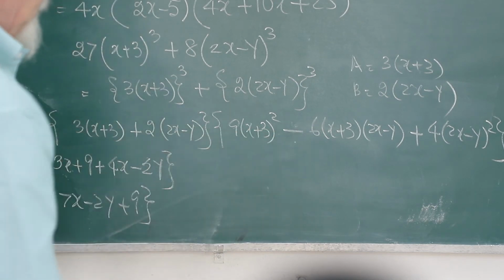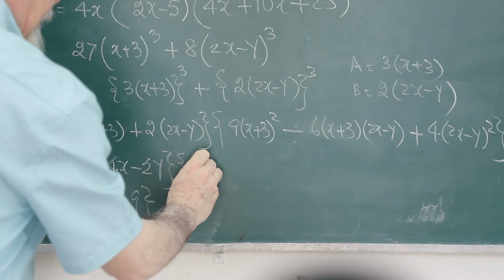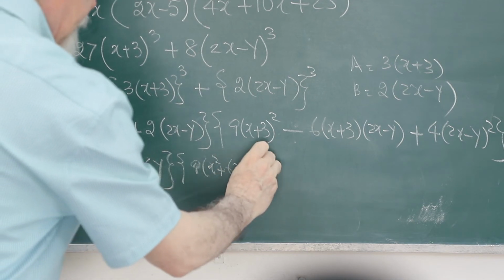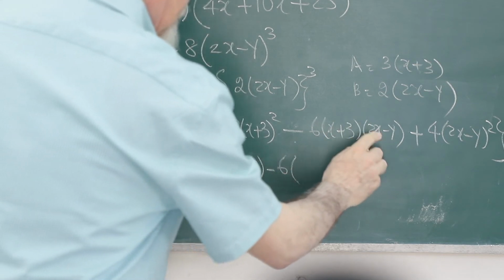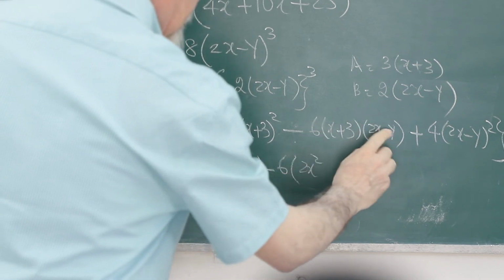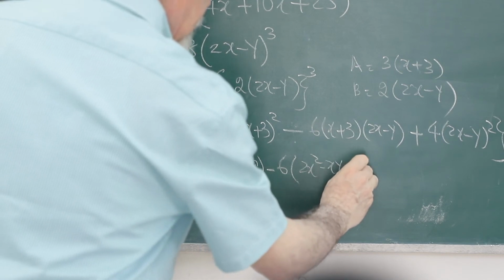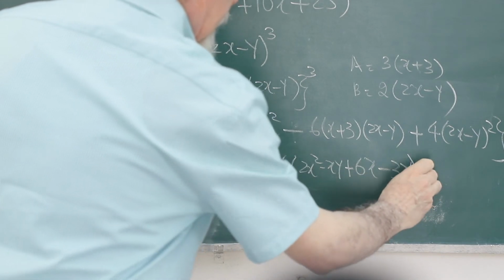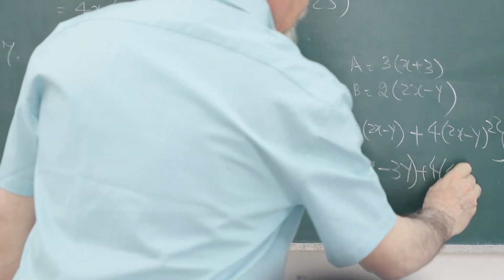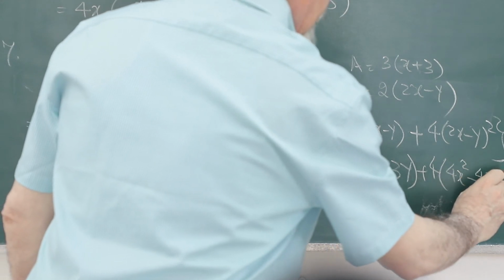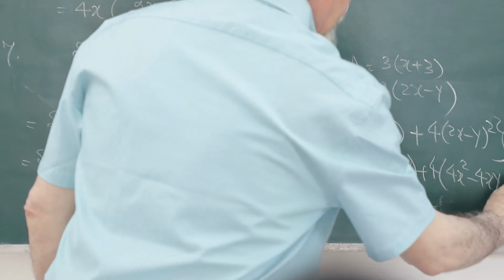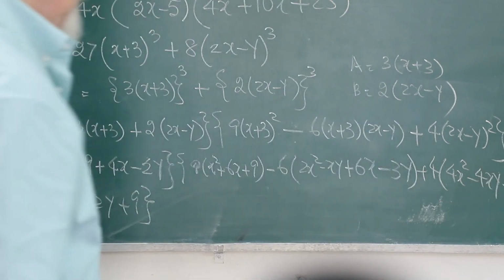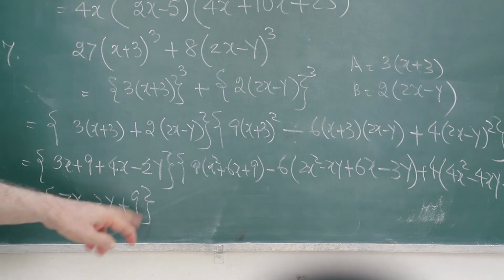Now you will have to open all these. 9 into x square plus 6x plus 9, minus 6x into 2x is 2x square, x into y is minus xy, plus 6x minus 3y, and plus 4 into 4x square minus 4xy plus y square. What we have to do is we just have to open and simplify.